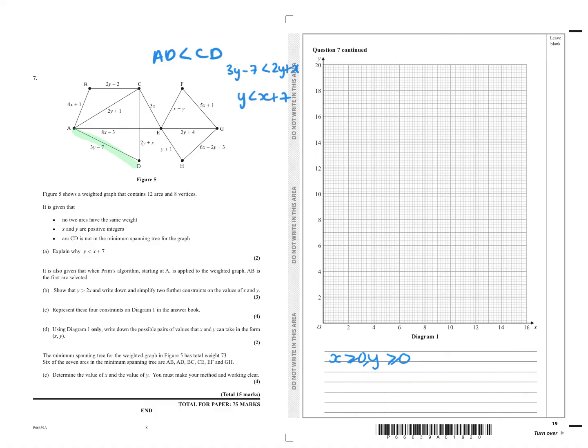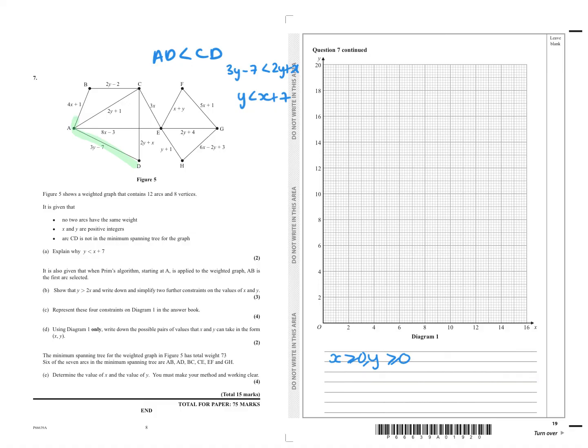It then says, it is also given that when Prim's algorithm starting at A is applied to the weighted graph, AB is the first selected arc. Think about what we know about Prim's. Starting at A, what would be the first thing we do? We choose the smallest one. So what does that tell me?